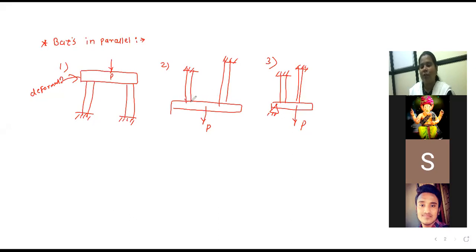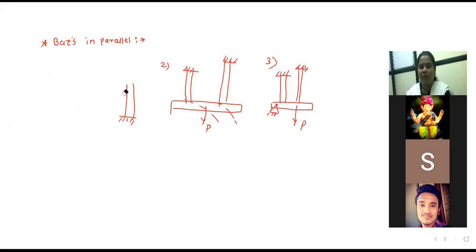Here deformation is possible. And in the third condition, bars are connected through an inclined rod but a hinge is provided. So for this we have to see three types of problems. Now we will see the first type.